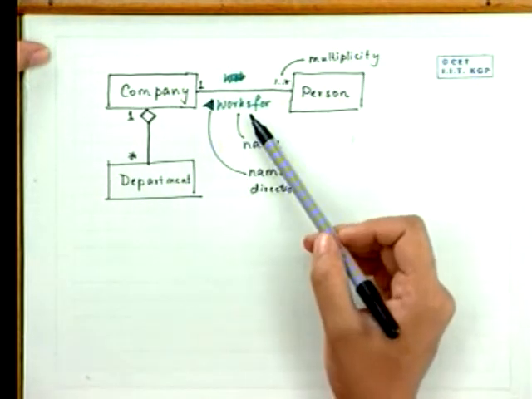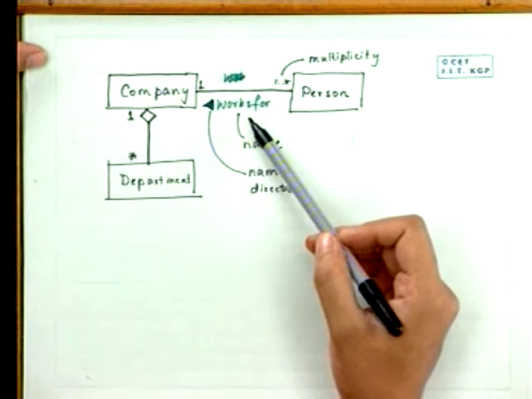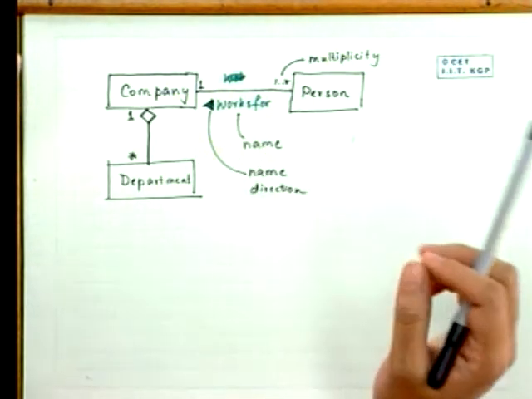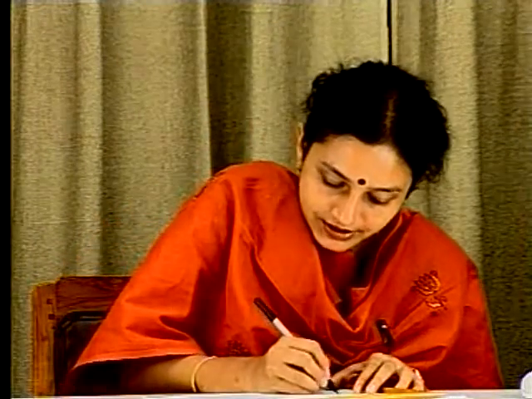For example, instead of giving the name to the relationship, we can give the roles of the different things that are connected to this relationship. For example, the company-person relationship can alternately be written like this.